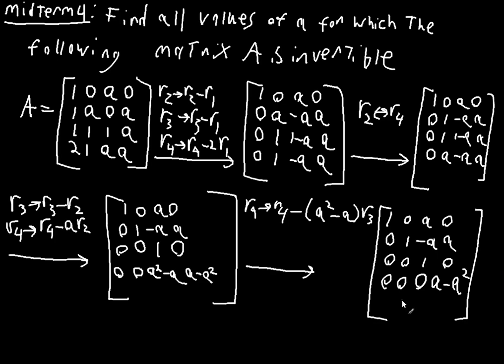All right, so now let's think about what we have. We have a bunch of 1s here in our leading entry, so these are never going to change. These rows here are always going to have a leading entry. The only row that could possibly not have a leading entry is this guy down here. And if it does have a leading entry, then we know that the rank is full. And if it doesn't have a leading entry, in particular if this element right here is 0, then we know that the rank is only 3.